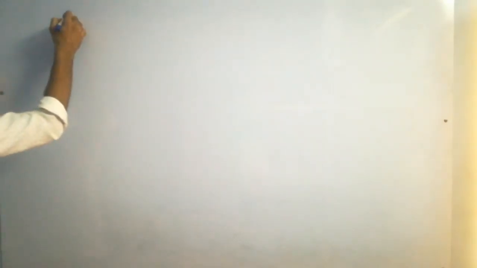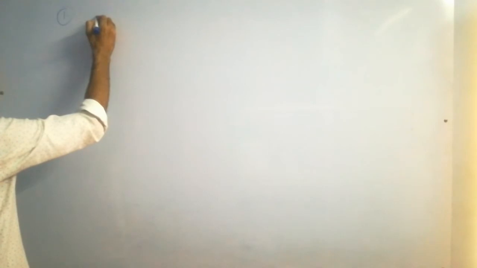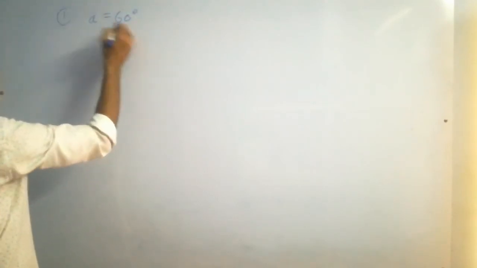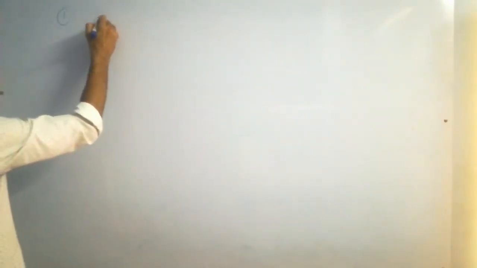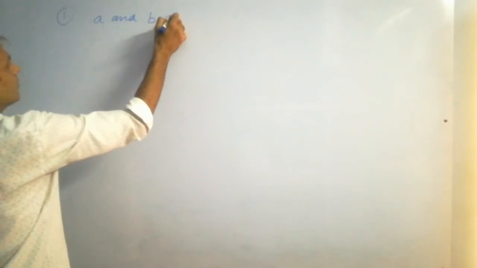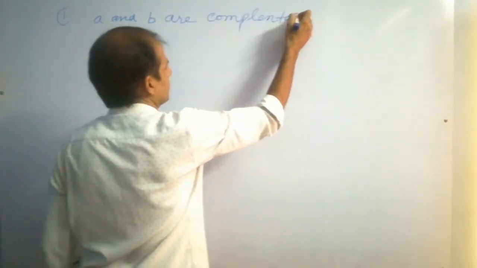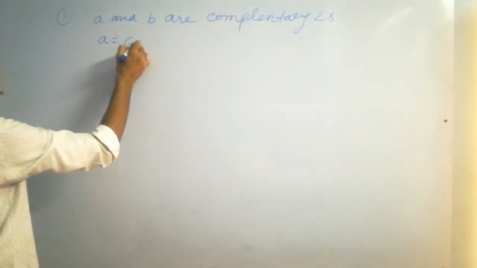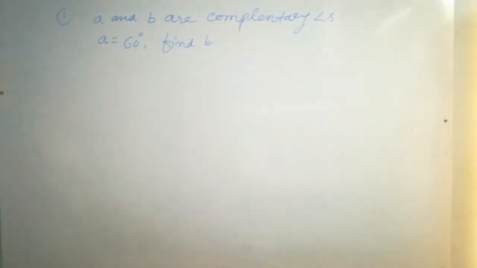So suppose it is given that A and B are complementary angles, A equals 60 degrees, find B. Then how to solve this?